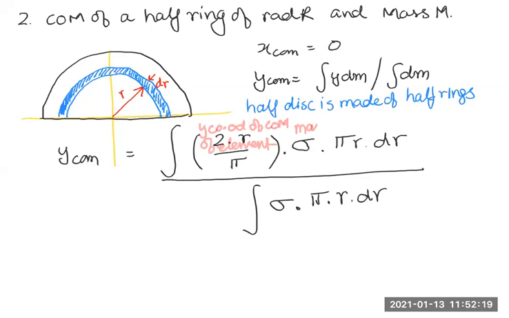This is mass per unit area, and this is the area of the chosen blue half ring. Let me just put some brackets. So this is a bracket.